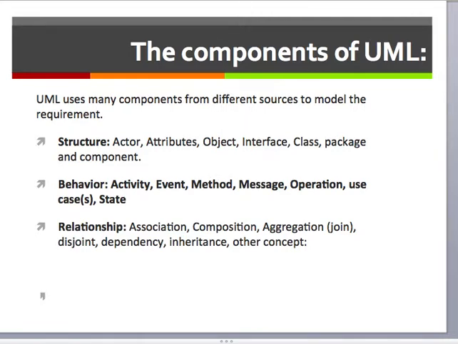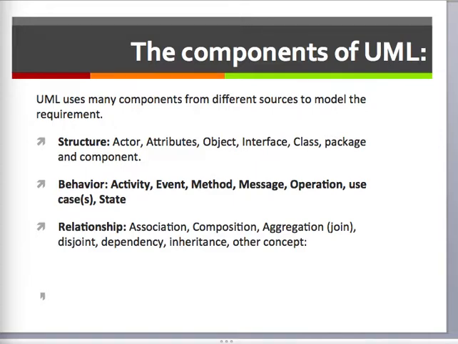How the system goes through a series of activities or events or methods, right? And the different messages it may communicate, different operations it may fulfill, or it also has use cases and the state diagram. Okay. So these are basically the components of UML.